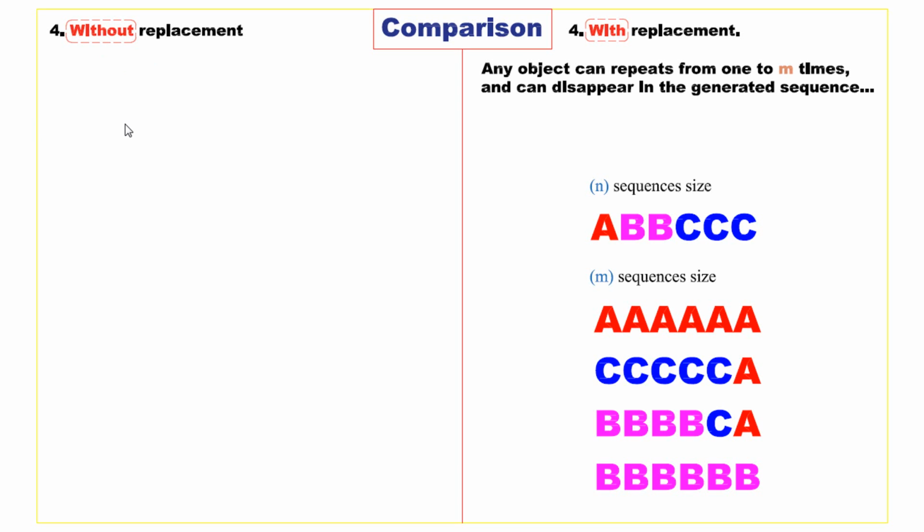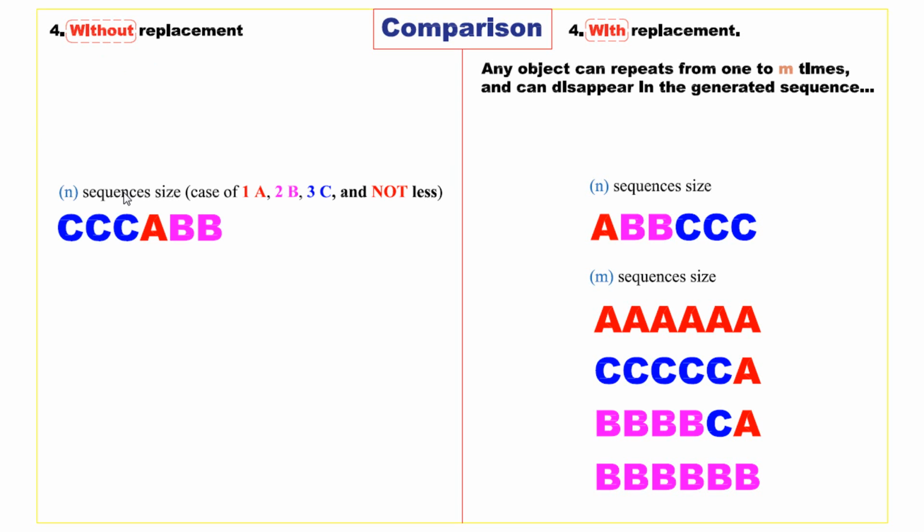As for the case without replacement, we are going to deal with the sequence of 1A, 2B, 3Cs, and not less. In this case, we need to generate a sequence which has the size n minus 2.